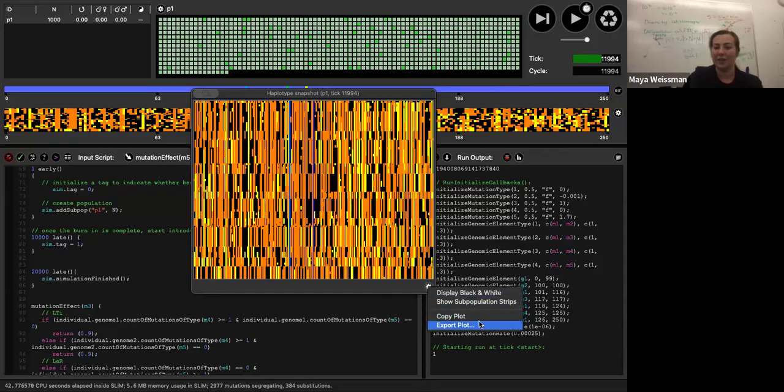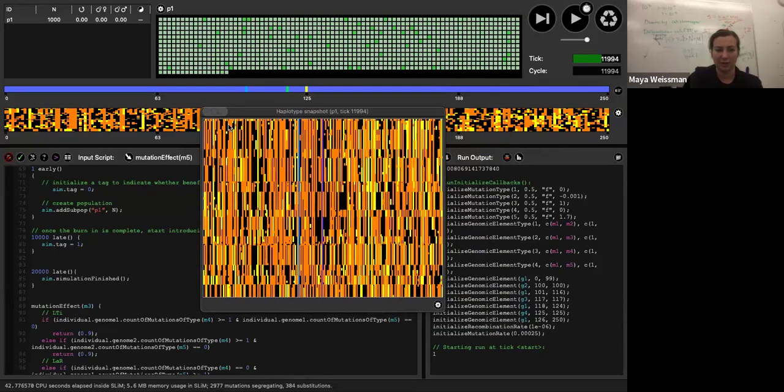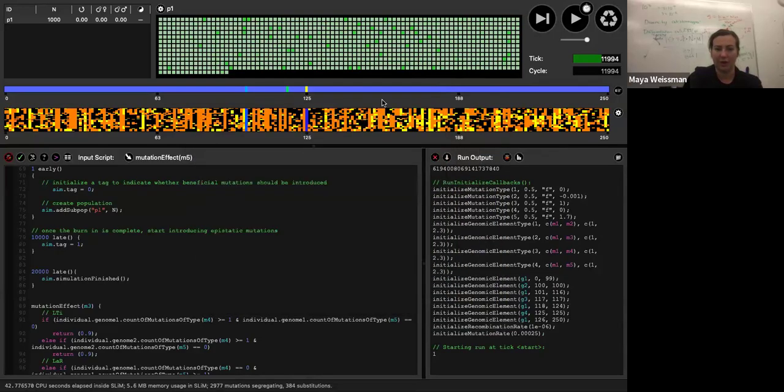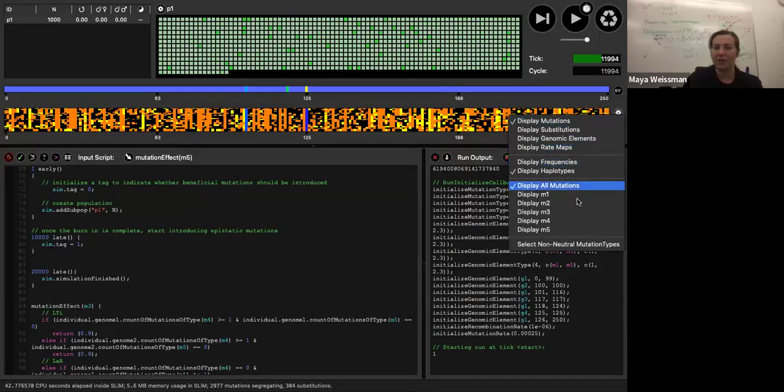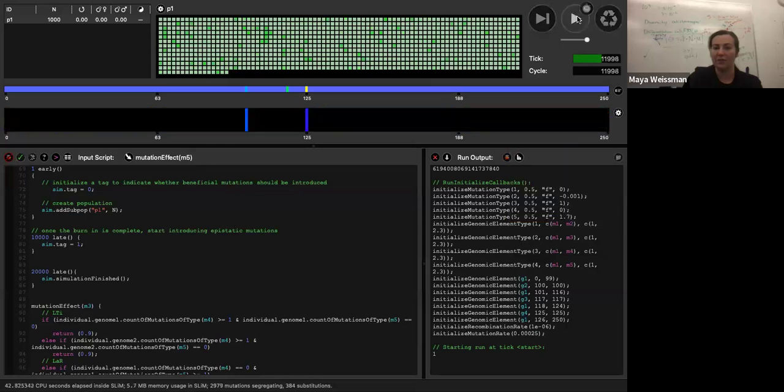But I can actually turn off certain mutations. Oh, you can't see my, can you? Okay. So I might say I actually only want to see the M3, M4, and M5 mutations. Now it looks something like this.